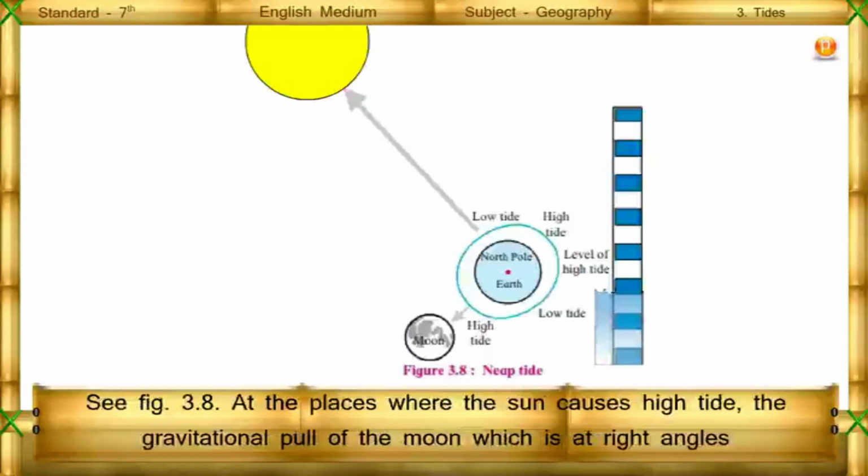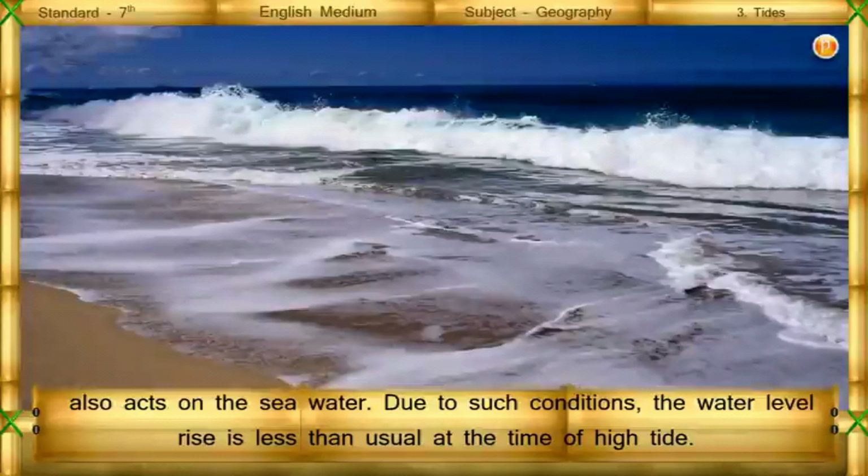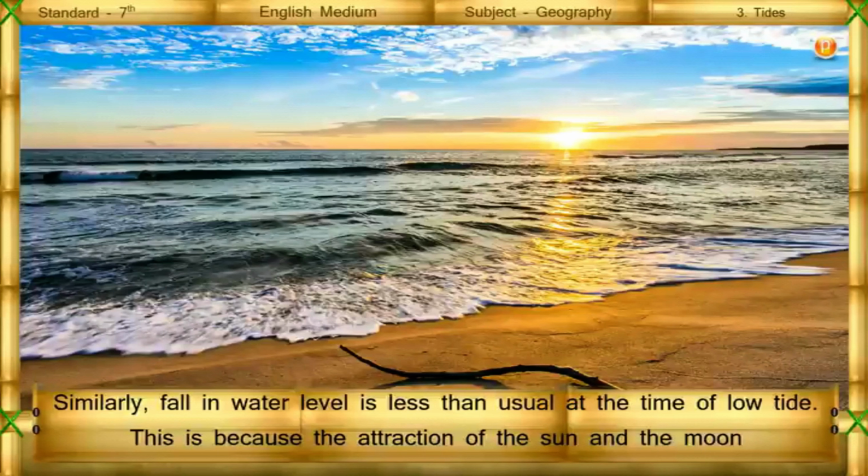At the places where the Sun causes high tide, the gravitational pull of the Moon, which is at right angles, also acts on the seawater. Due to such conditions, the water level rise is less than usual at the time of high tide. Similarly, the fall in water level is less than usual at the time of low tide.